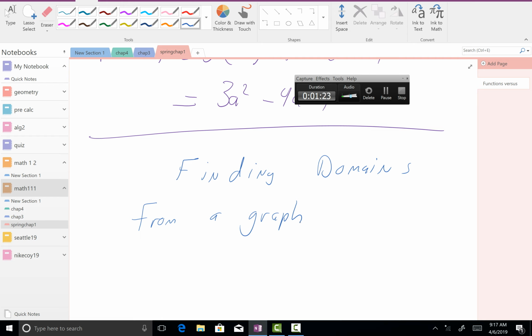It's kind of hard to find domains from a graph, and I don't really have a great way of explaining it. I wish I had a magic way, but I don't.